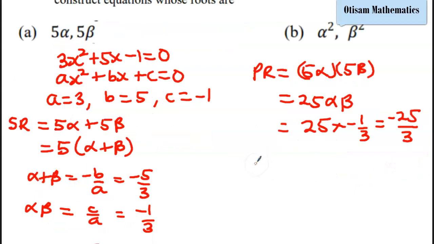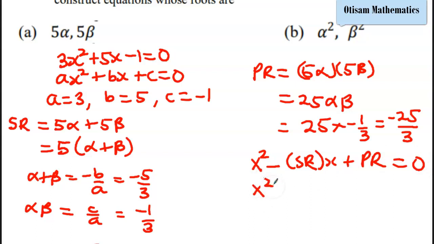So we just substitute it in the equation. It says that x squared minus sum of roots, new root, x plus product of roots is equal to 0. So x squared minus, you have minus 25 on 3, plus minus 25 on 3.